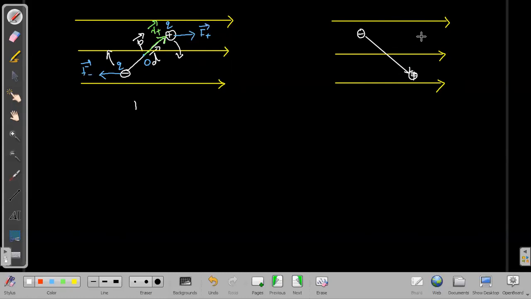Now the force on positive would be like this, and force on negative would be like this. Now, what would be the direction of rotation then? If this is the case, then this will start rotating along this direction.